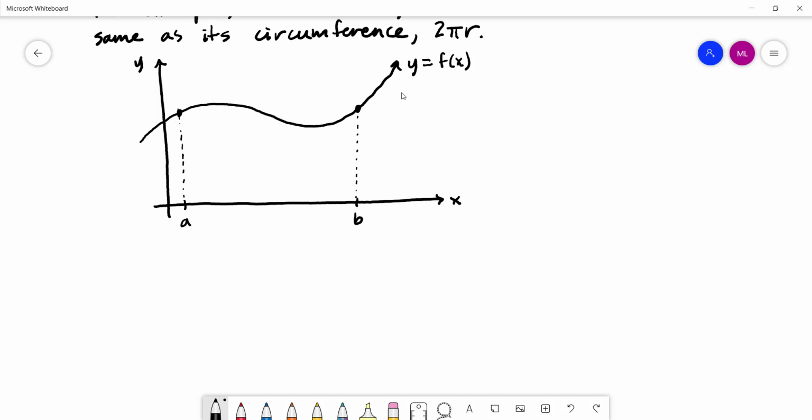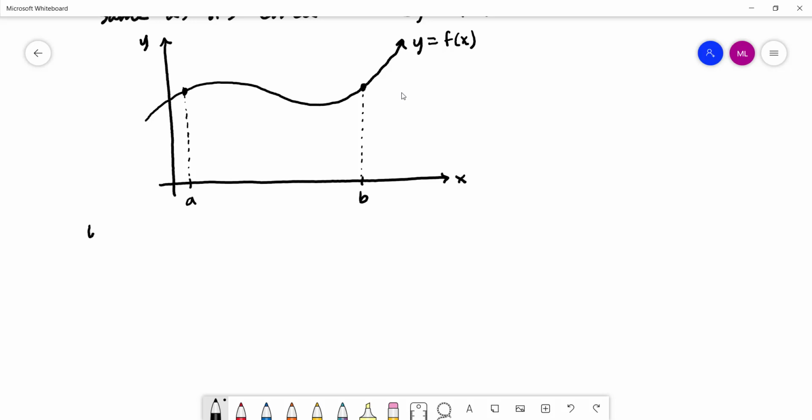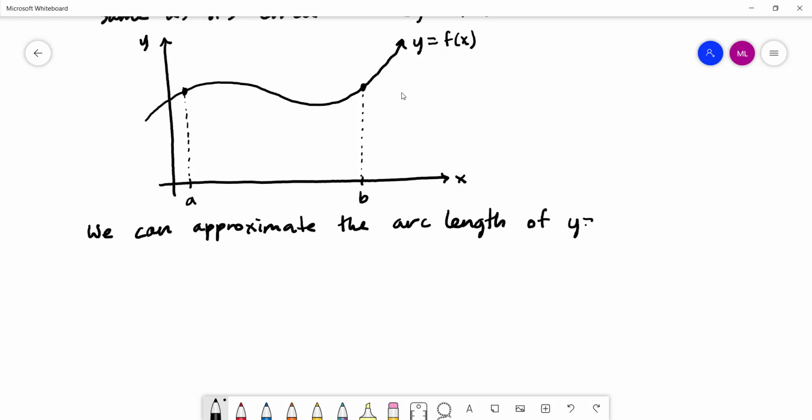We can approximate this length, so approximate in this case the arc length of our function, which is y equals f of x, between those 2 points, so between x equals a and x equals b, by basically breaking the interval up into a bunch of segments and so chopping it up and adding up the lengths of each of those corresponding little segments.